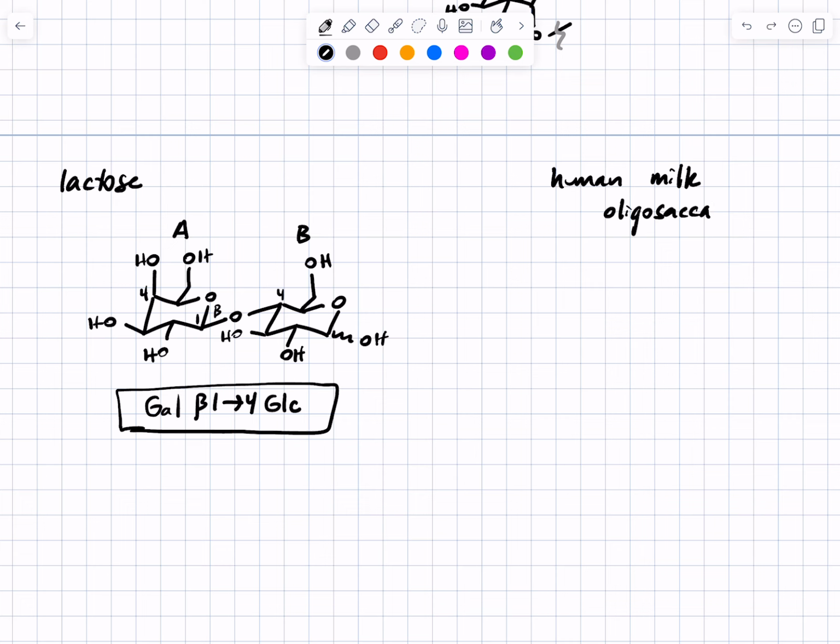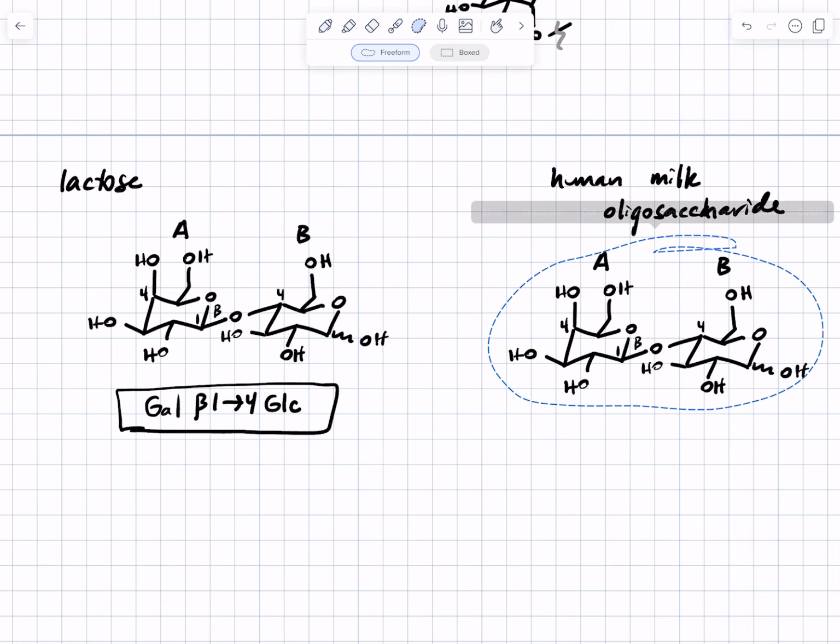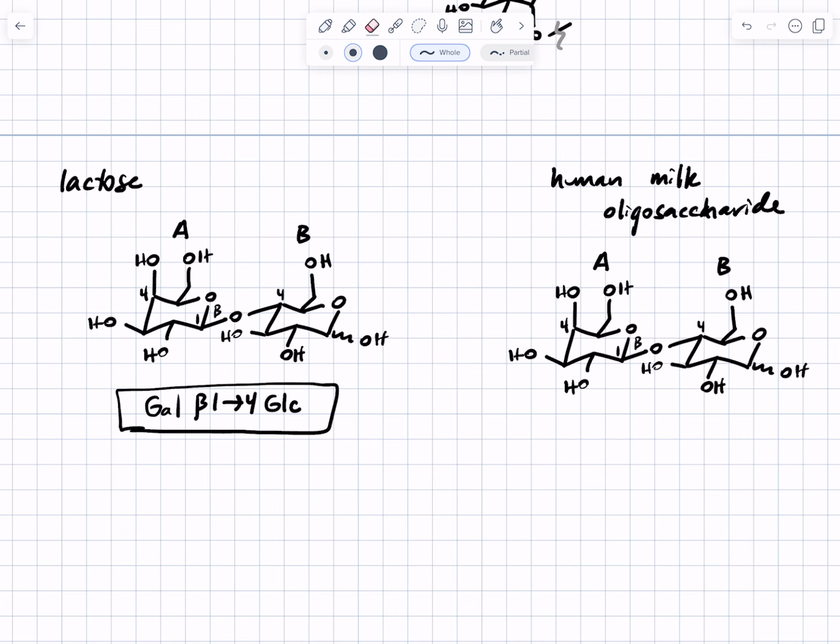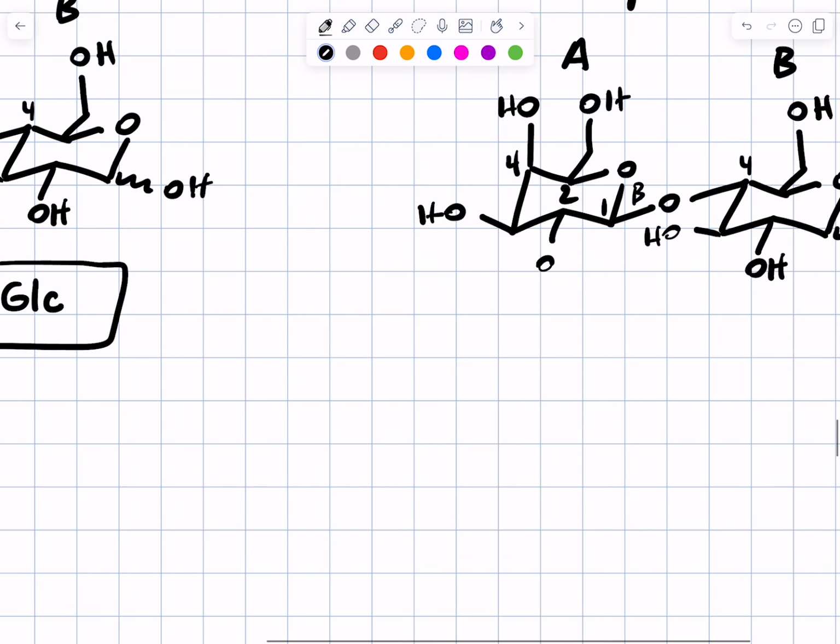It shares this basic lactose and glucose structure with the beta 1,4 linkage, but in human milk, the C2 OH is modified with an additional carbohydrate.